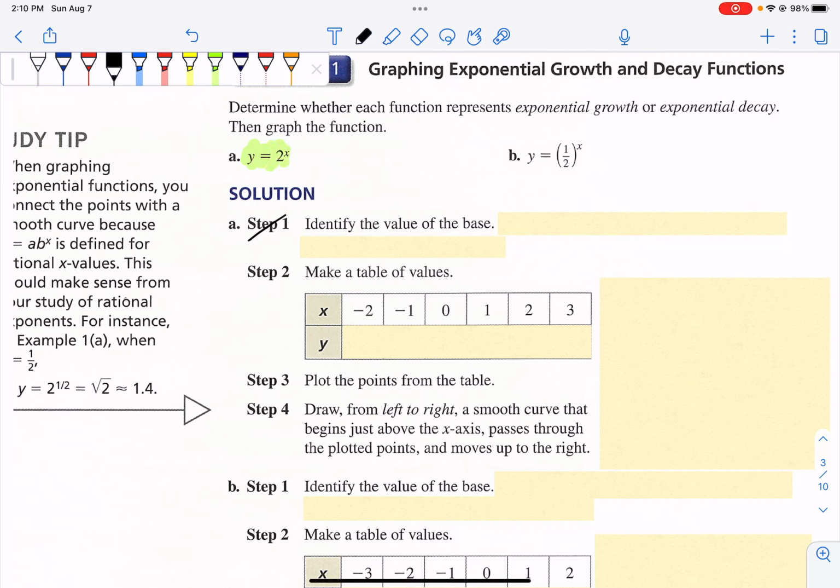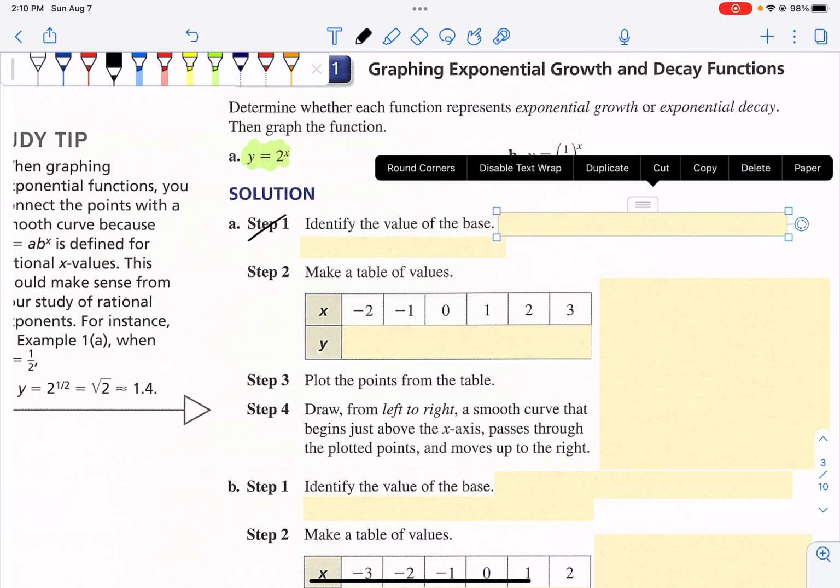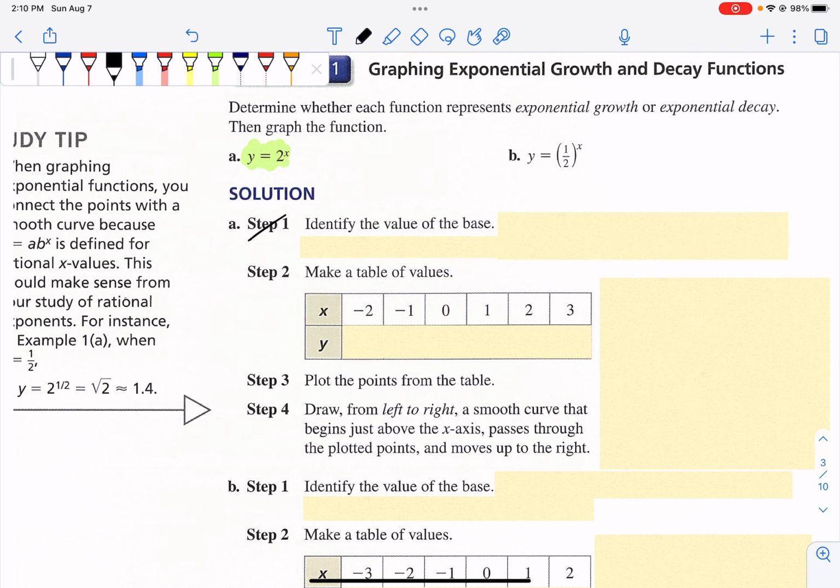So step 1, here's what I want you to write in your notes. You're going to add this little thing to your notes, not to your book, to your notebook. Step 1 is you need to ask yourself a question: is the base bigger than 0 or less than 0?